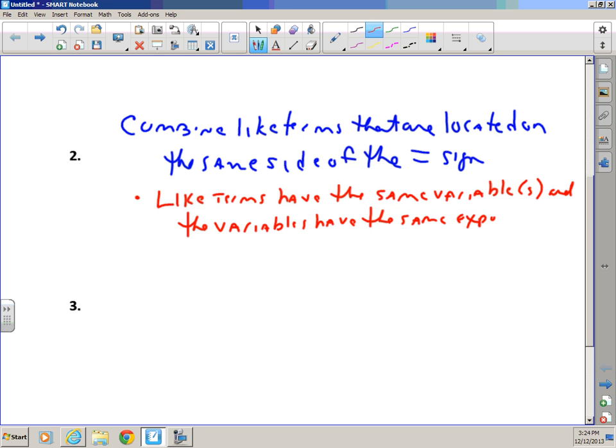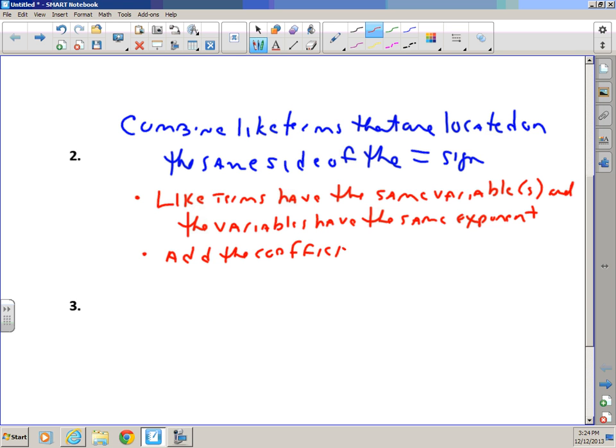Now, luckily, for what we're going to be doing in this unit, we're only going to be dealing with one variable and no exponents. So we're not going to get into some of the more sophisticated or complicated like term situations. Now, to combine like terms, you add the coefficients.